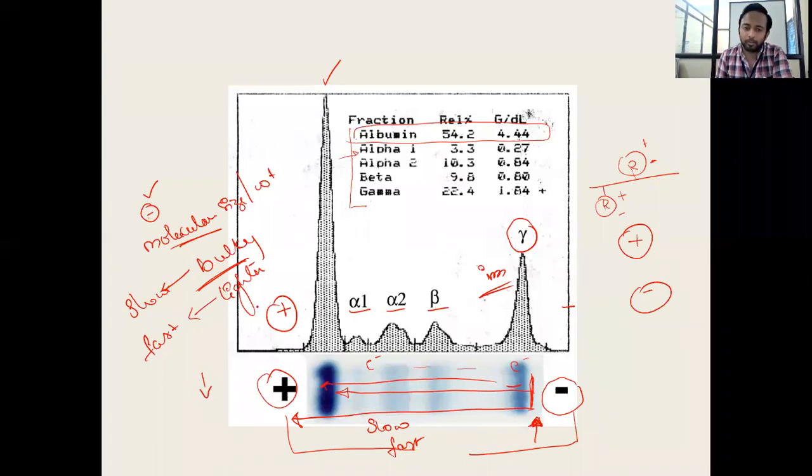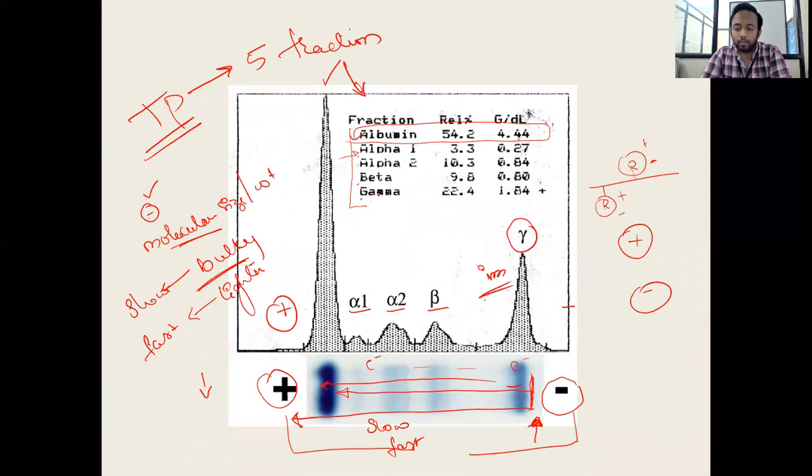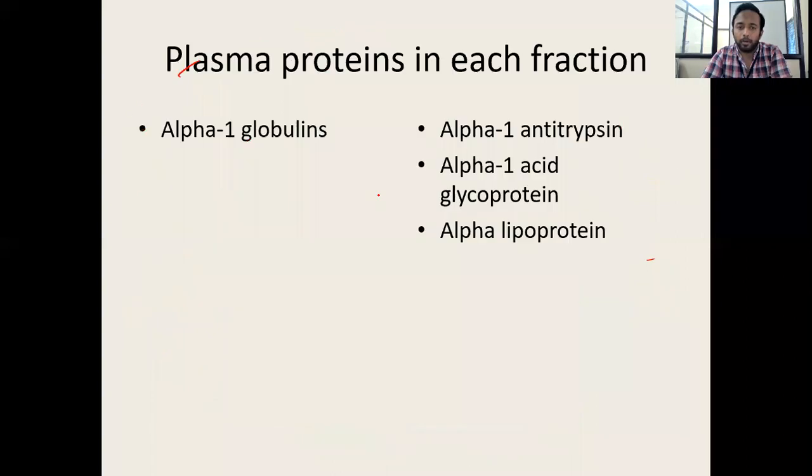Based on that electrophoretic pattern, the total protein can be divided into 5 fractions: albumin, alpha 1, alpha 2, beta and gamma.